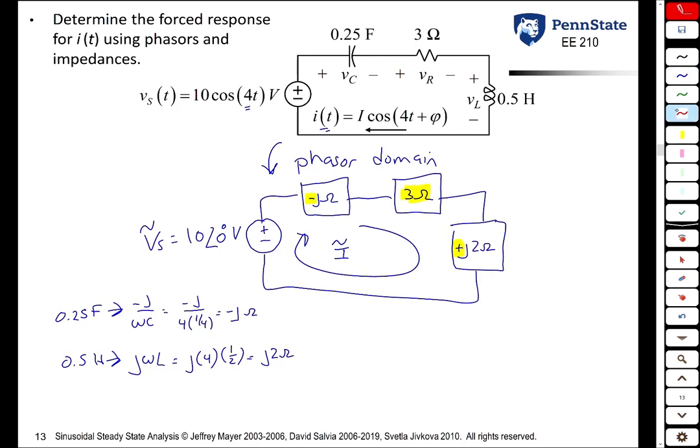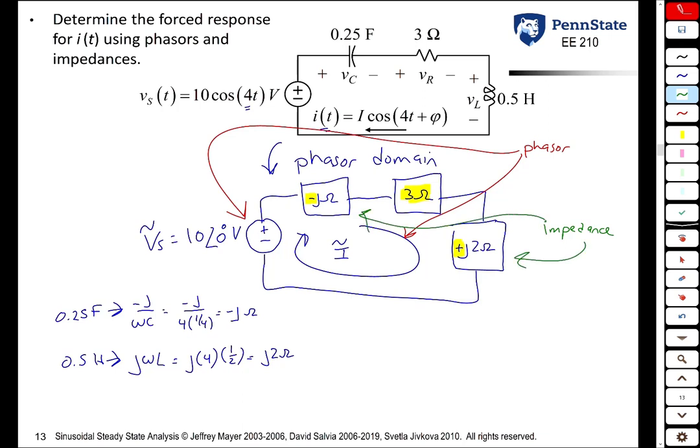So we're utilizing two different concepts. The phasor concept applies to both this current variable we're solving for and the voltage source. And the impedance concept applies to the inductor, the capacitor, and technically the resistor, although there's really no change there.